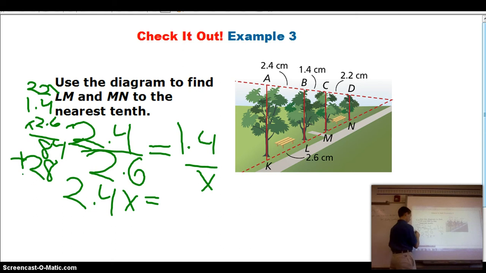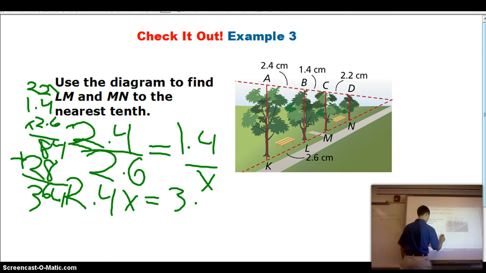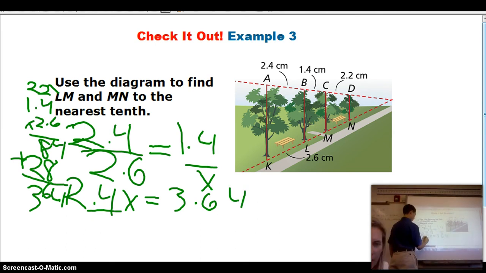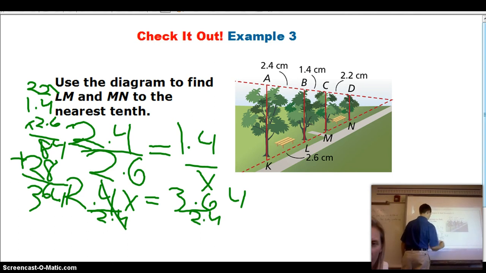And then divide that by 2.4. And you can divide both by 1.2.